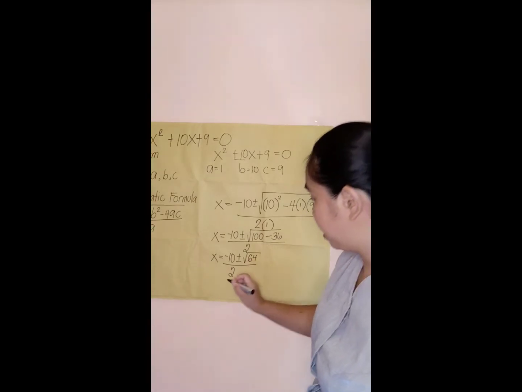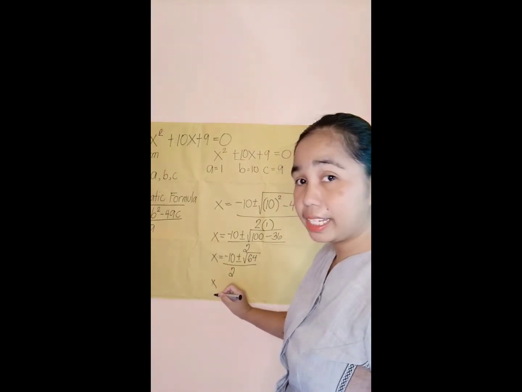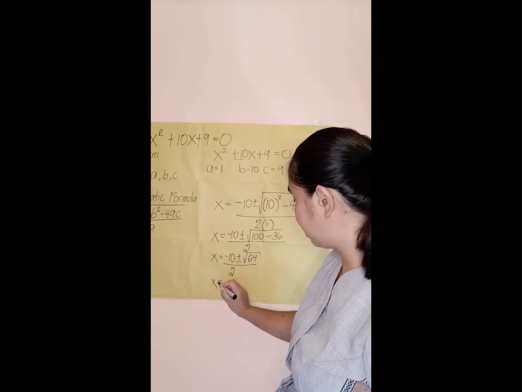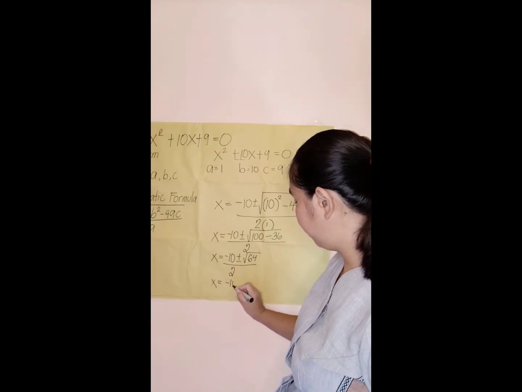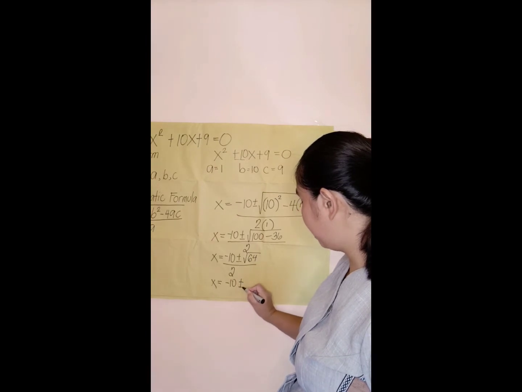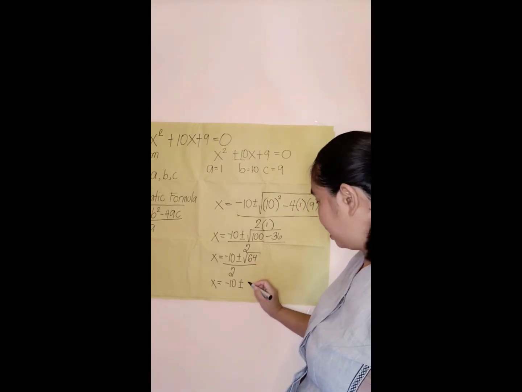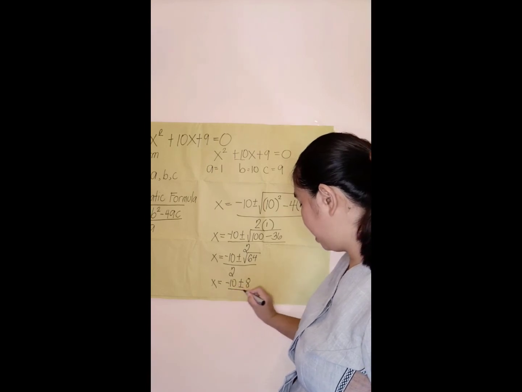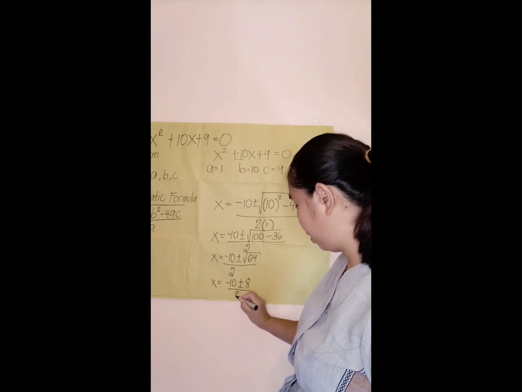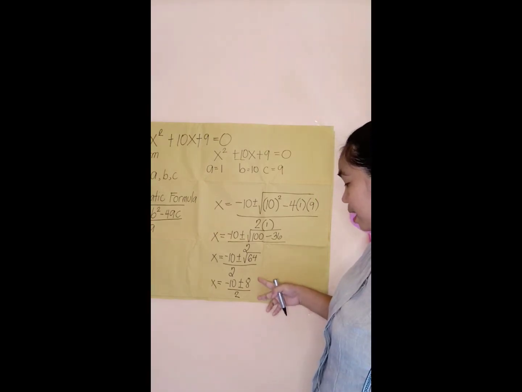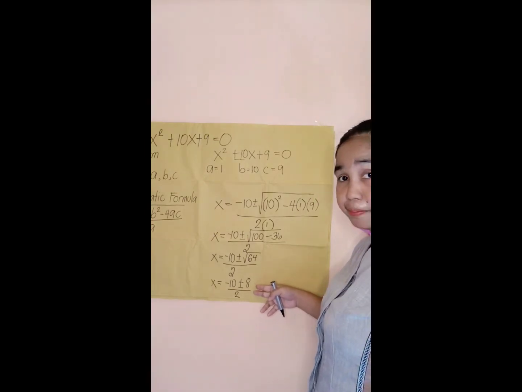Okay, so simplify ulit natin yung naka-radical sign. So, which will give us an answer of x equals negative 10 plus or minus, what is the square root of 64? Yes, that is 8, divided by 2. Okay? So, ganito yung kanyang magiging itsura when simplified.